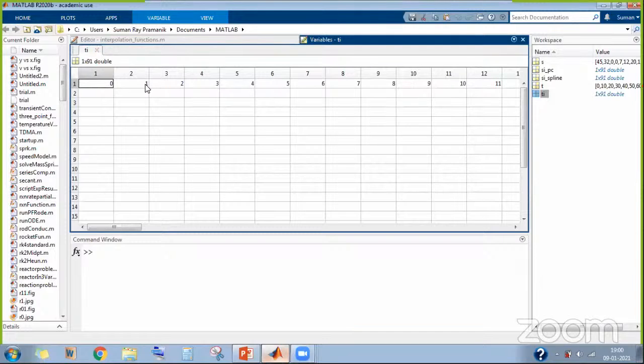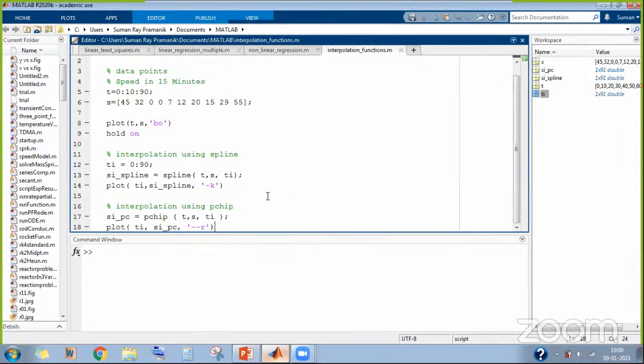I want to find the speed at all these points, so that's why I've created this Ti, and I'm putting it over here. These are the data we have, T and S, that is given to us. And this is the vector of data where we want to find the possible value of the function that we don't have with us actually.